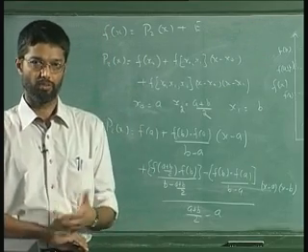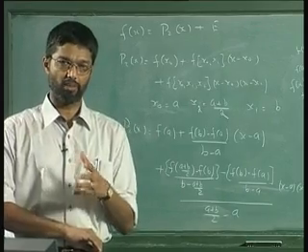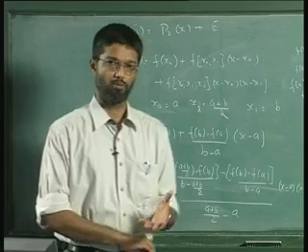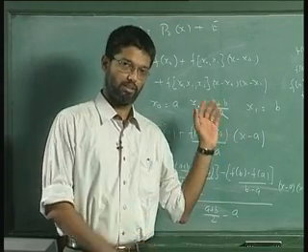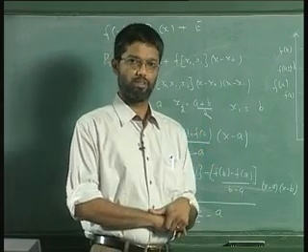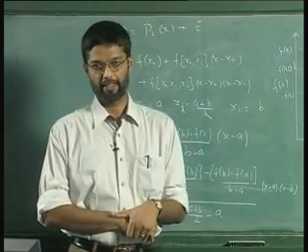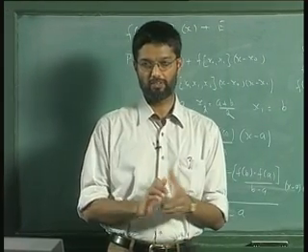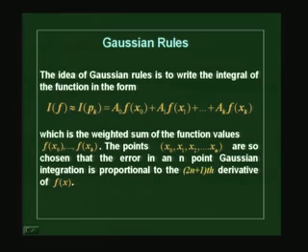They are a little more complicated conceptually, but the accuracy is much larger than these simple approximations which we saw as the rectangular, midpoint, trapezoidal or Simpson's rule. So, these new methods are classified as Gaussian rules, and we look at them now. That is a little more complicated than what we saw, but much more accurate than the simple rules which we saw.